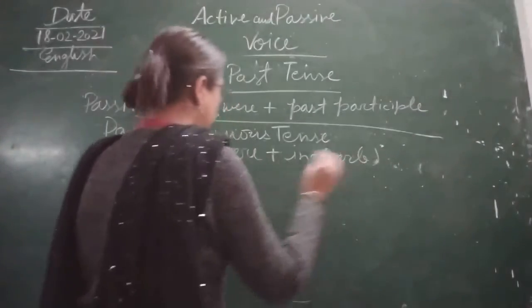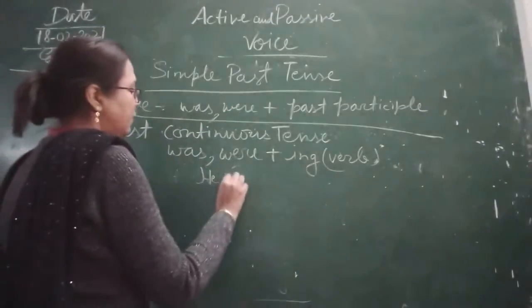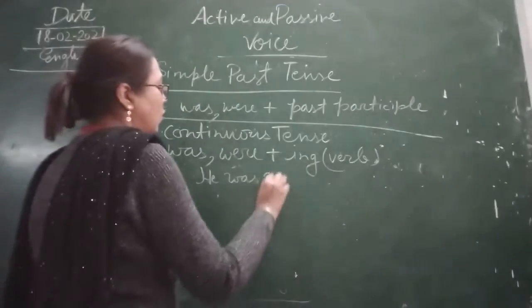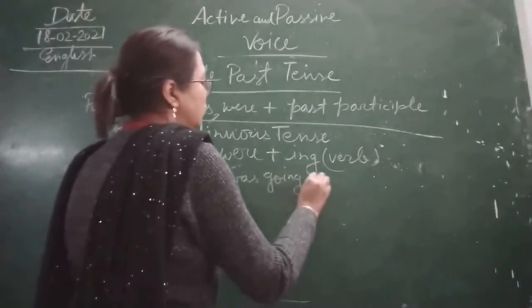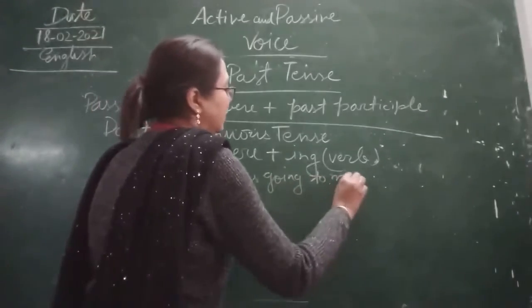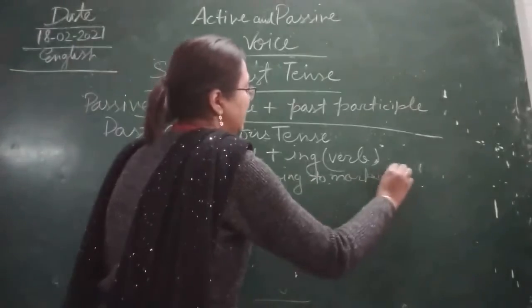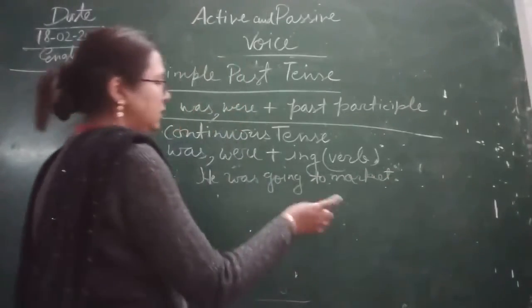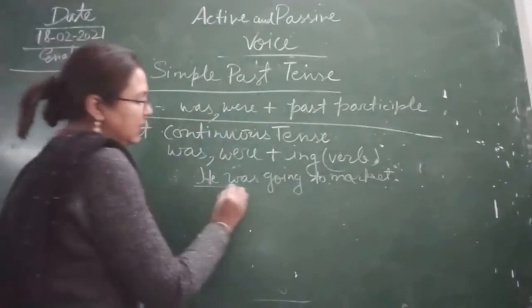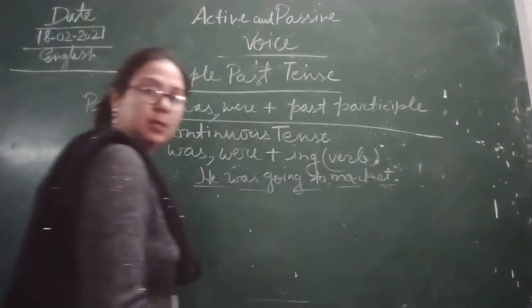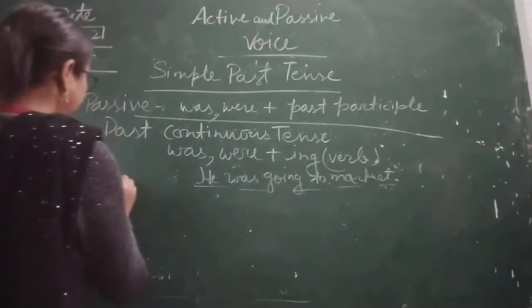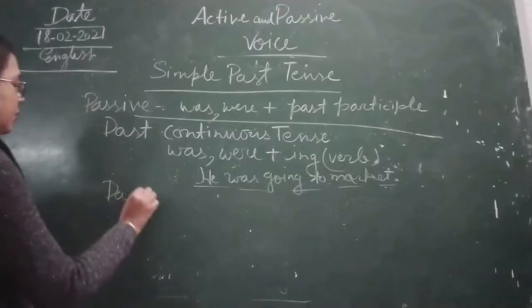Okay, so if we write he was going to market. Okay children, if we are writing he was going to market, you can see this is active voice. But if we write it in passive voice, how will we convert?